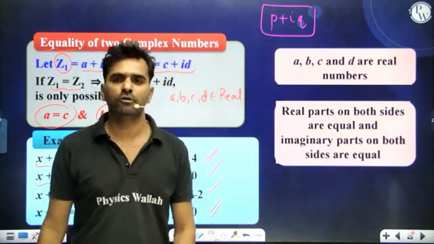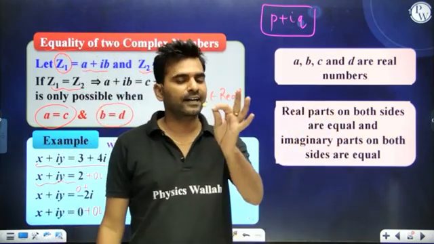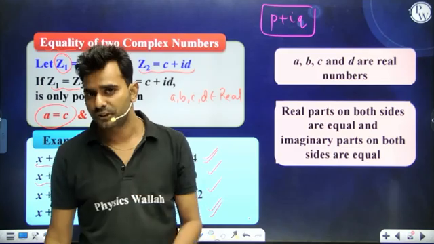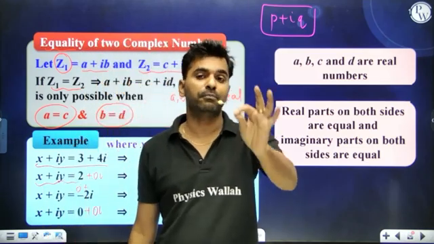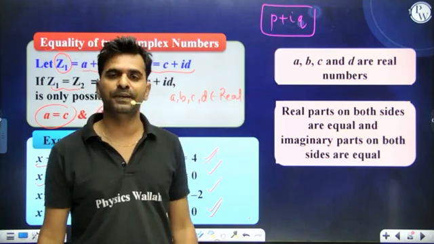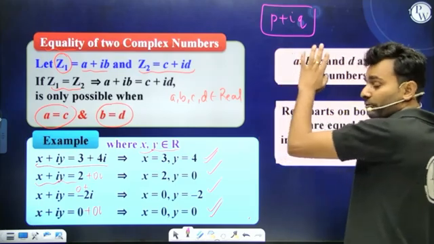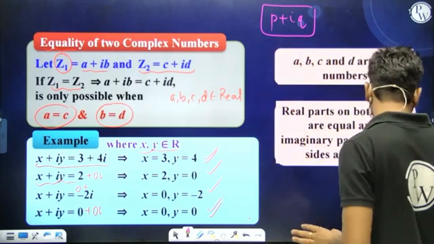And let me tell you, you are wrong. The real part of the complex number is not p until and unless p and q are given as real numbers. If p and q are given as real numbers, only in that case you can say that the real part of the complex number is p and the imaginary part of the complex number is q. Only in the case when p and q are given to you as real numbers.